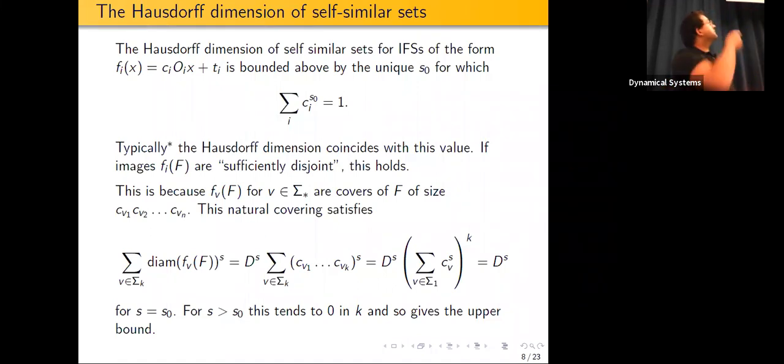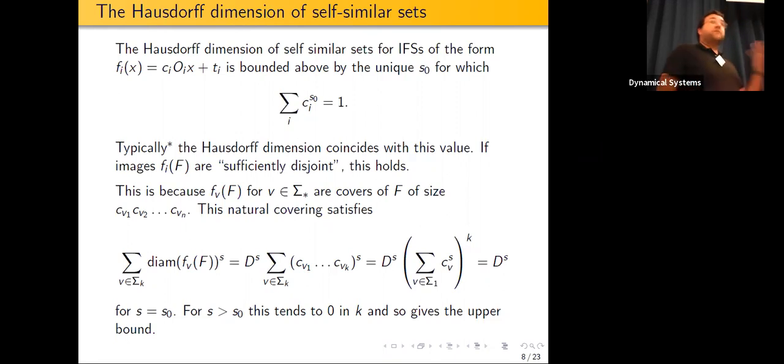And this sum is just the same sum that you had in the original condition. And this is going to be 1 for the right exponent, and it's going to be less than 1 for anything bigger. So in particular, if you have some exponent that is larger than this s0, this unique value, then this upper bound will go to 0. And that's exactly what the Hausdorff dimension encapsulates. This is the right bound.